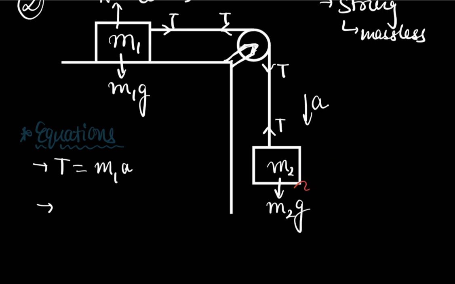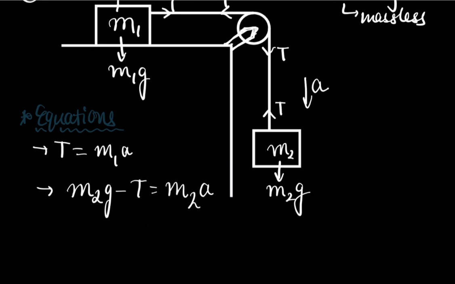This means m2g is greater than T. Therefore m2g minus the tension force is equal to the net force exerted, which is m2a, that is mass into acceleration. So that means m2g minus T is equal to mass into acceleration, that is m2a.